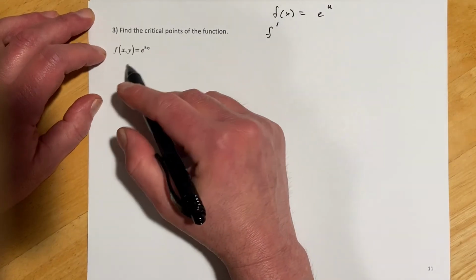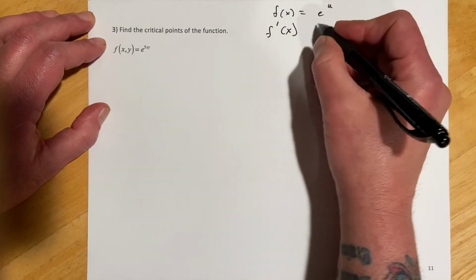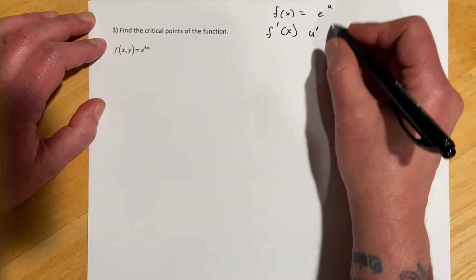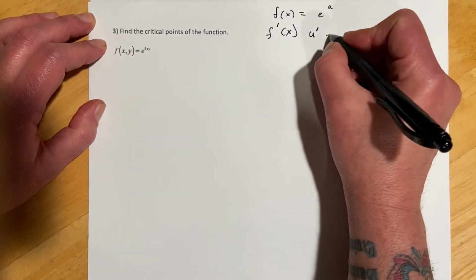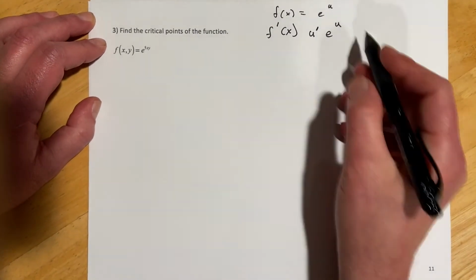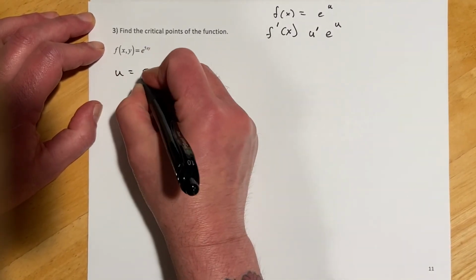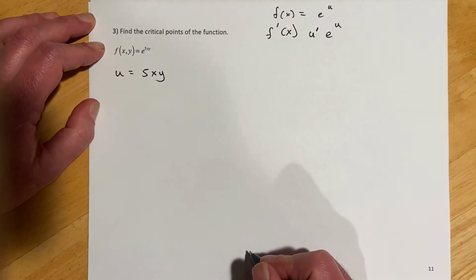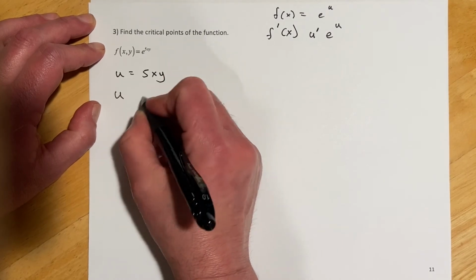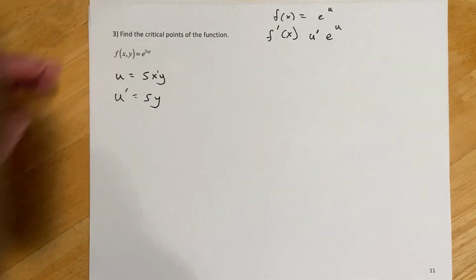Okay, so for this one, we're finding the critical points of an exponential. So just remember, when we have an exponential function, we take the derivative, and we end up with the derivative of the exponent, times e to that exponent. So let's see what we can get here. With this, our u in this case would be the 5xy, and our u prime is going to be 5y.